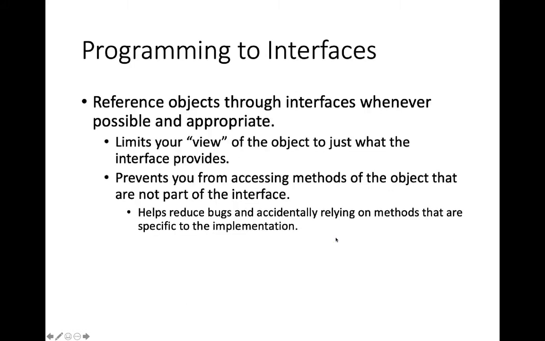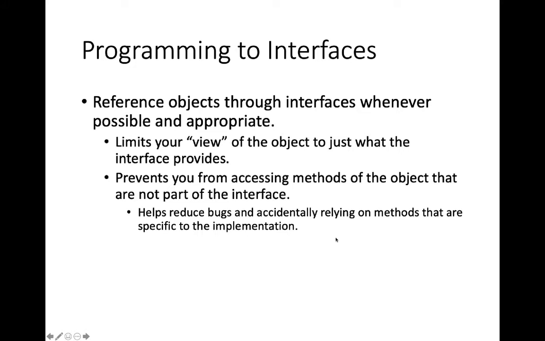And so we want to program to interfaces because we want to refer to objects through the interface that we're using them for, and that is most appropriate for how we are using that object. When we do so, it limits our view of the object to just what that particular interface provides.